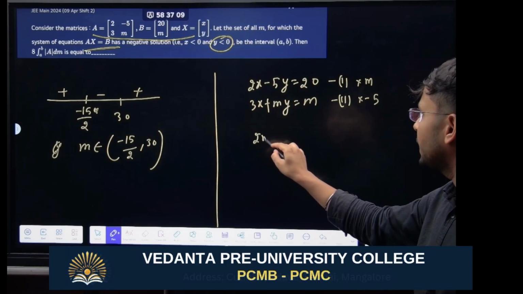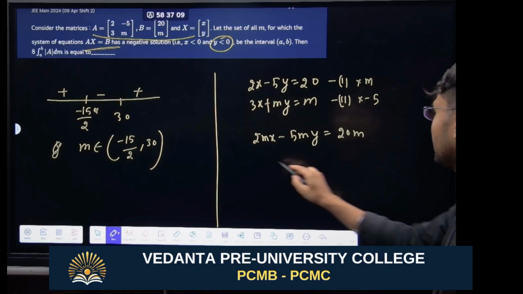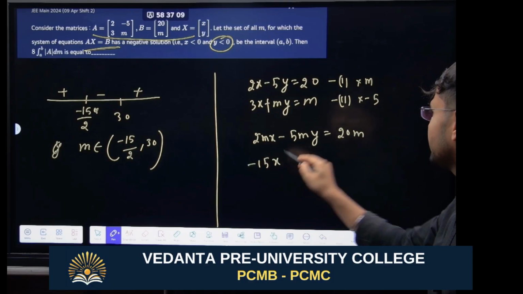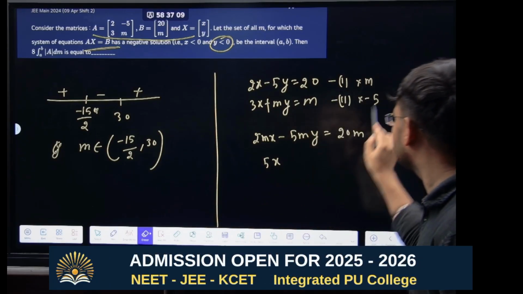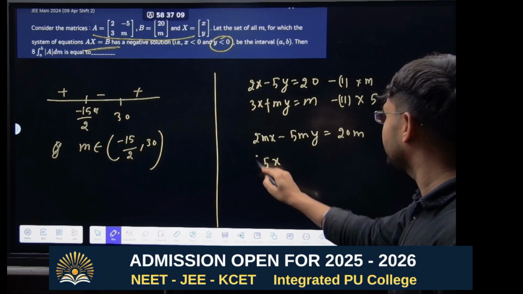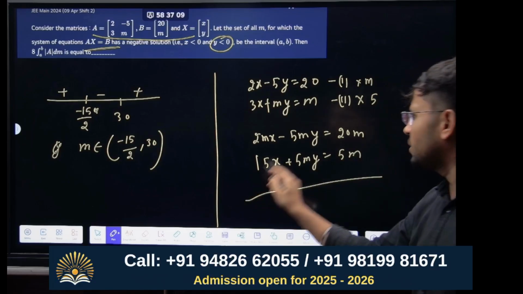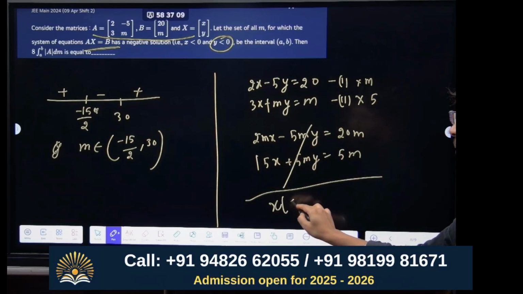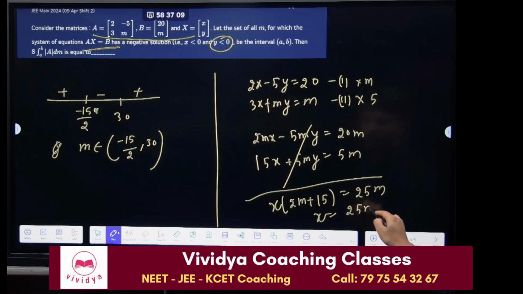So this will be 2mx minus 5my is equal to 20m, and this is 15x plus 5my is equal to 5m. Here we need to add it. So x will go common. 2m plus 15 will be 25m. So x will be 25m divided by (2m plus 15).